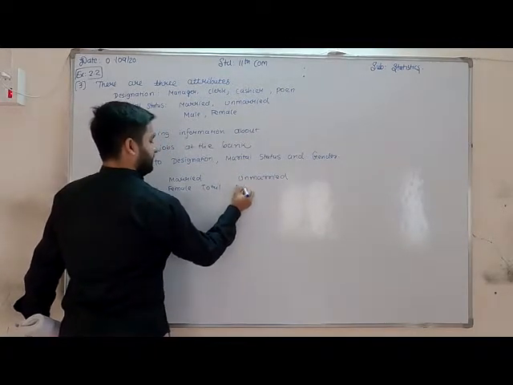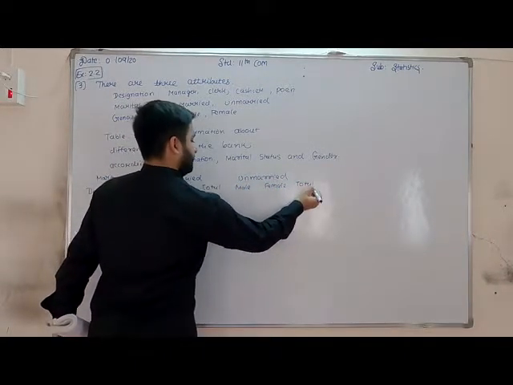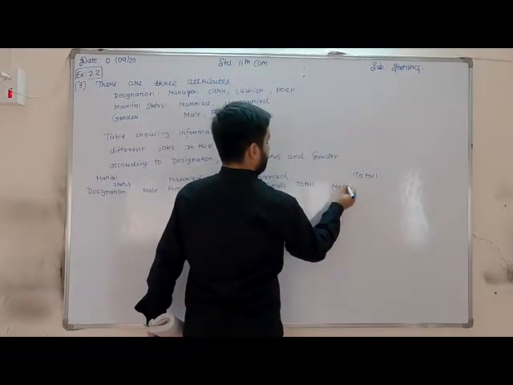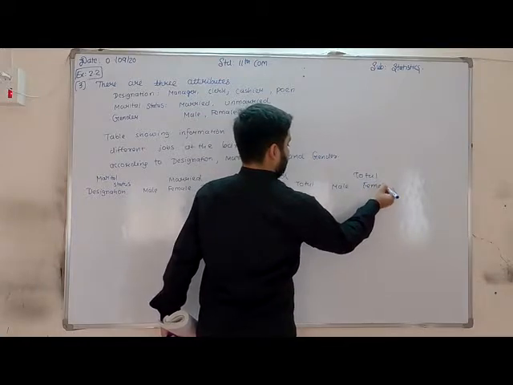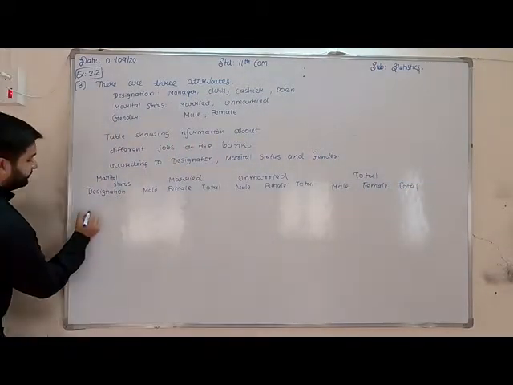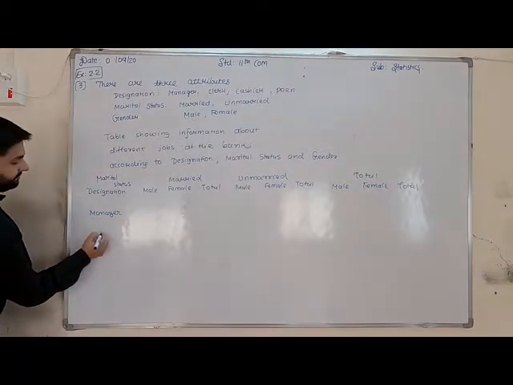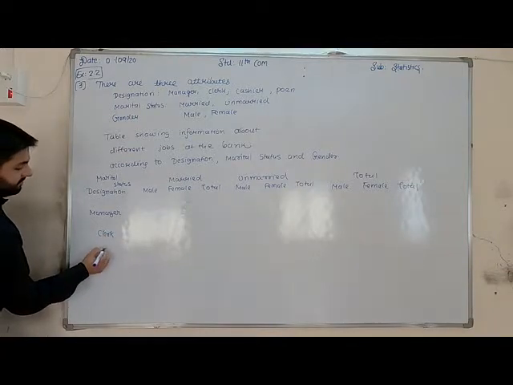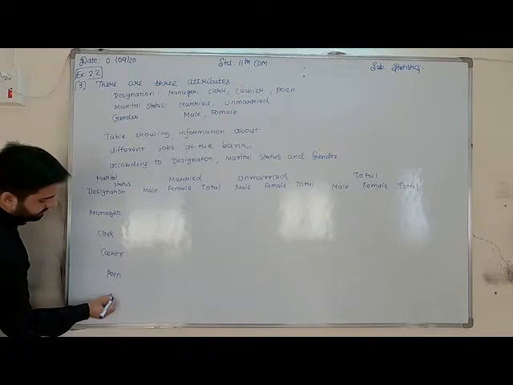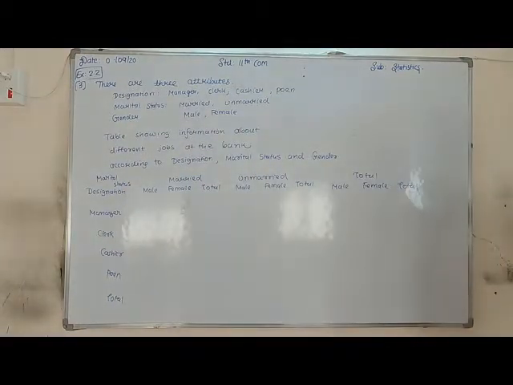Unmarried, male, female, total. Total, male, female, total. Manager, clerk, cashier, peon, total. Now I will draw the lines, rows and columns.